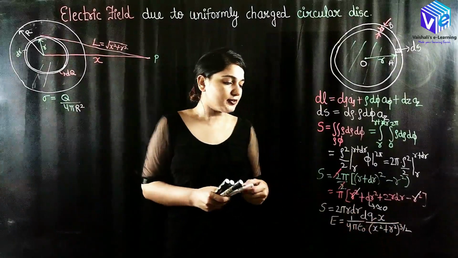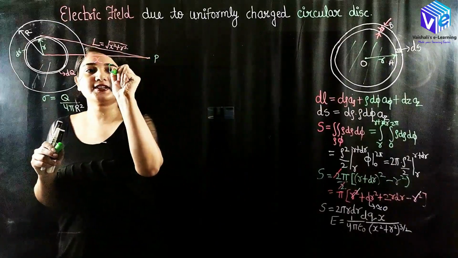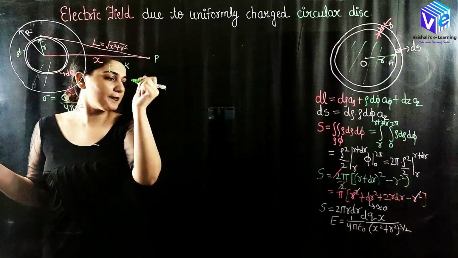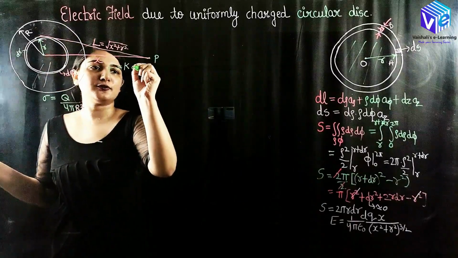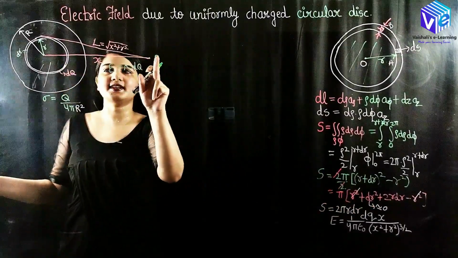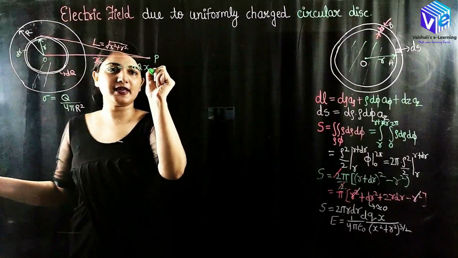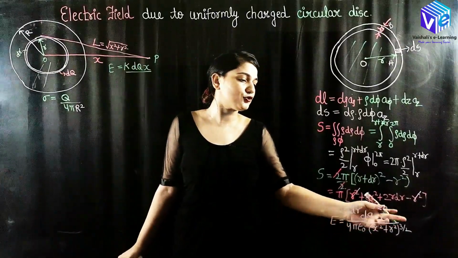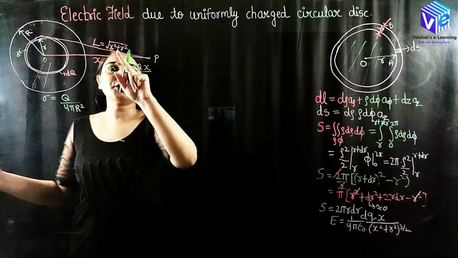Now if I have to represent it in a simple way, 1 upon 4 pi epsilon I can represent as k. dq was the charge on this small element, so it remains dq. x is the distance of the center of this disk from the point P, so it remains x only. Now we have x square plus r square raised to power 3 by 2. So x square plus r square power 1 by 2 is my L.